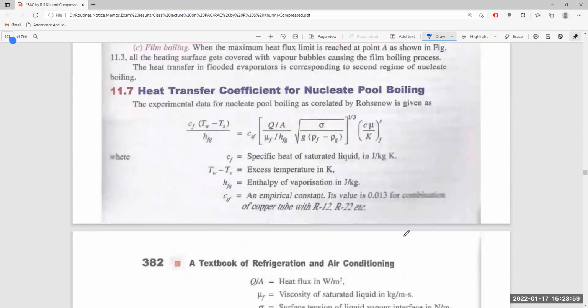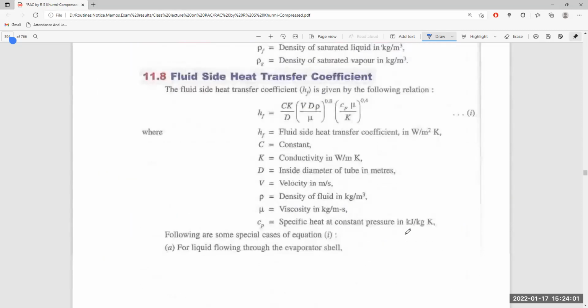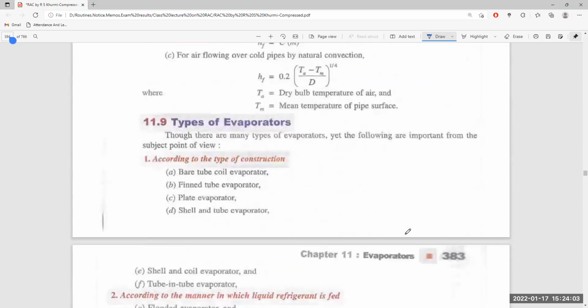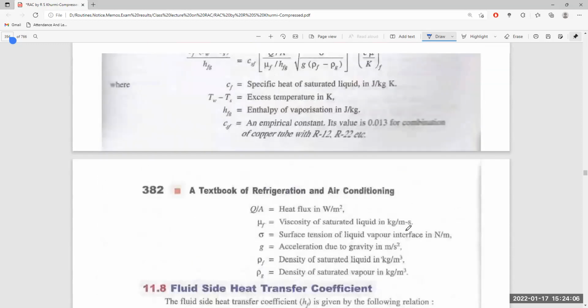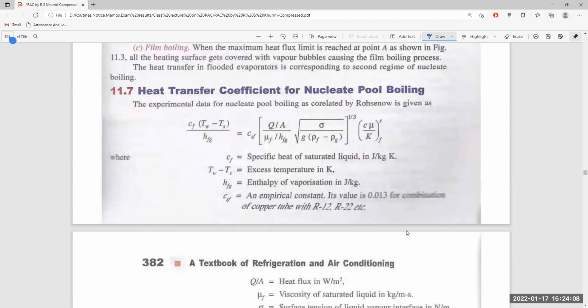Next, what is the heat transfer coefficient? Experimental data for nucleate pool boiling are correlated by Rohsenow as given below.